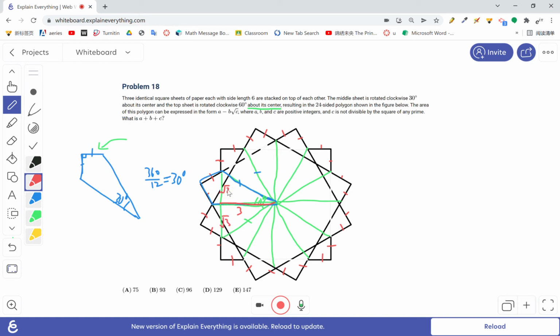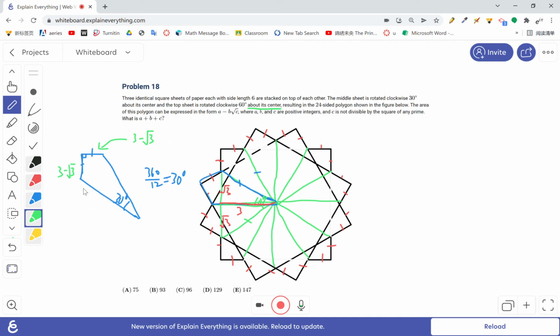Now when we subtract this 2 root 3 from 6 and divide by 2, we get the side length of this, which after computing gives us 3 minus square root of 3. And this is the same as this. Now what's this length?